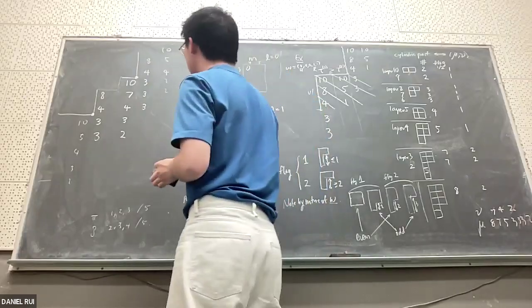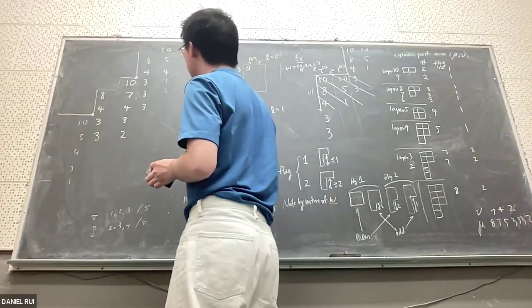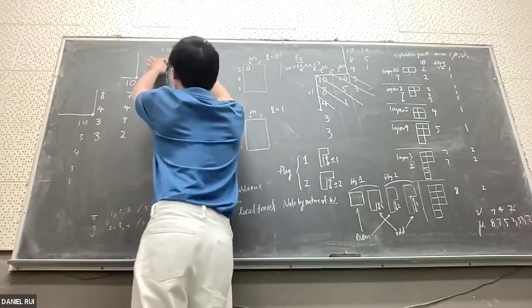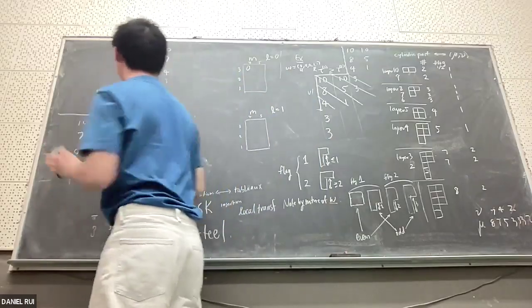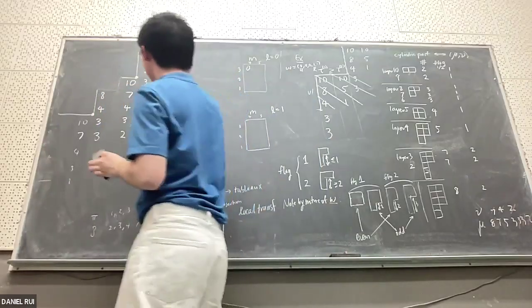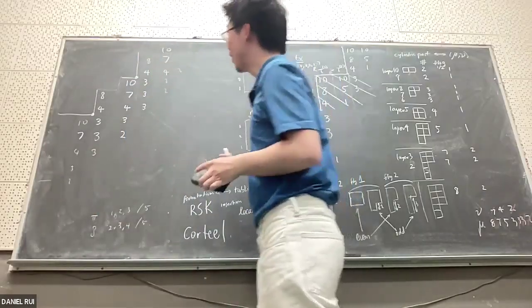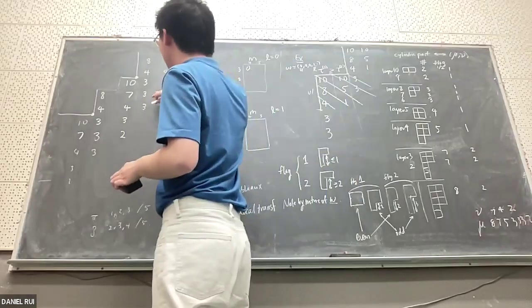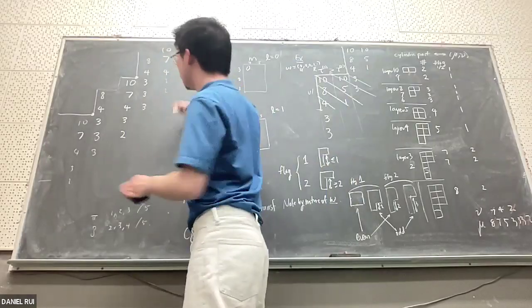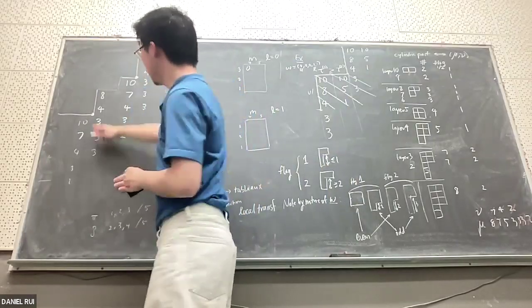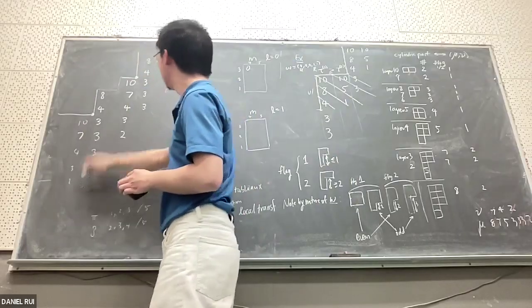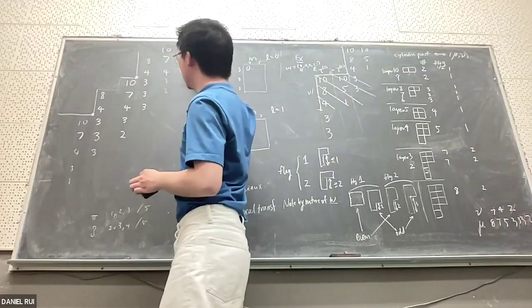Do we need to update the... I guess we don't. Yes, we do. There's a 3 down here, right? Yeah. Okay. I don't think it actually matters, but to be safe. Wait, is there a 3 down there? No. Wait. Yeah, because it's 7, 10, 7, 4, 3, 3, 2, 10, 7, 4, 3.